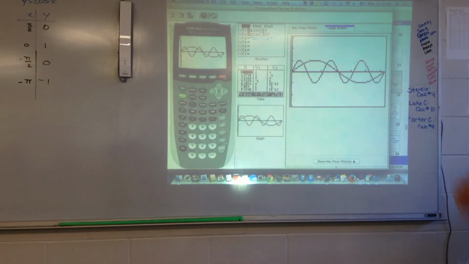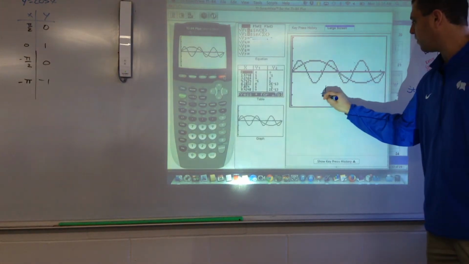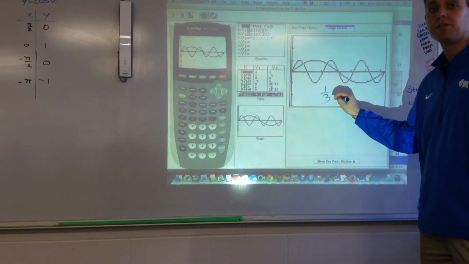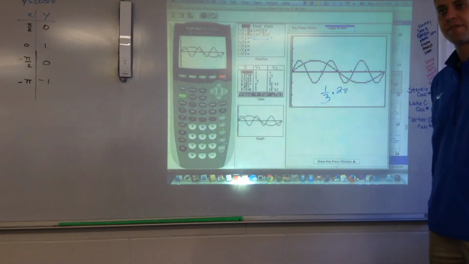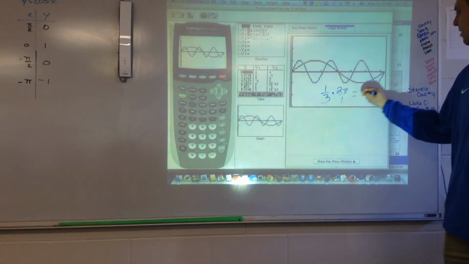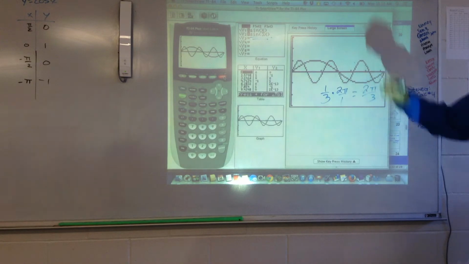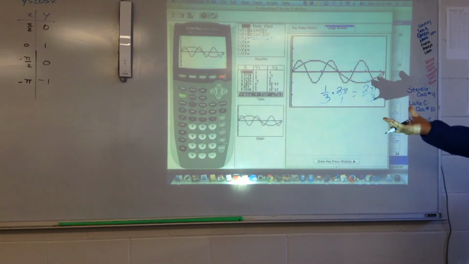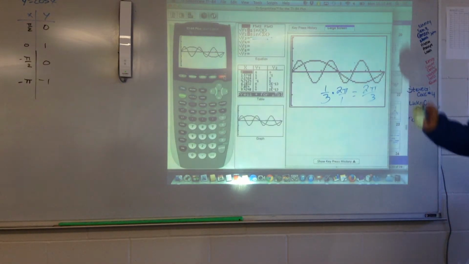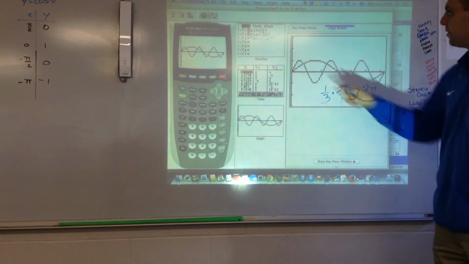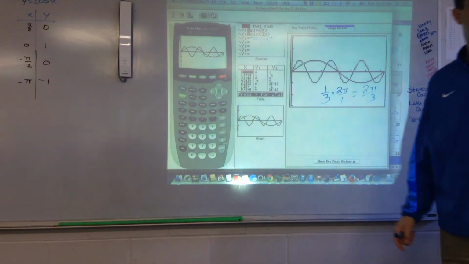And what's 1/3 of 2 pi? 1/3 of means to multiply 2 pi. 2 pi over 3. 120 degrees, if you think in degrees. 120 is 1/3 of 360. But 2 pi over 3 is how long that period of this one would be.